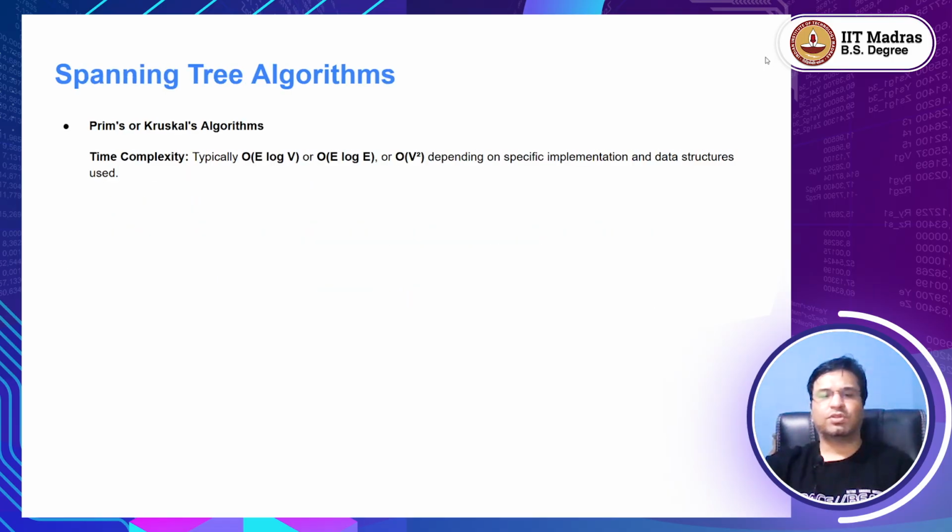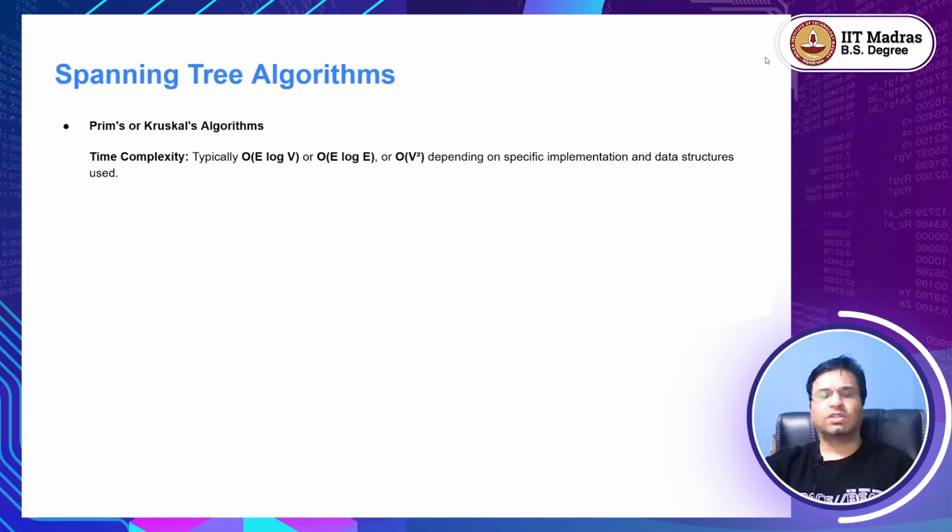Next is the spanning tree algorithm. Here the idea is, for a connected undirected graph, a spanning tree is a subgraph that connects all the vertices together without any cycle and using the minimum possible number of edges. A minimum spanning tree, MST, finds the spanning tree with the smallest possible total edge weights.